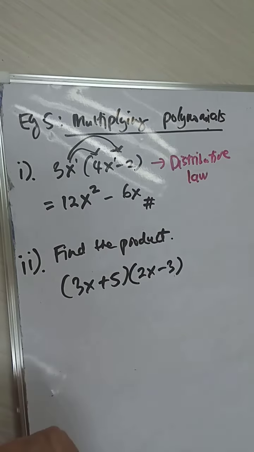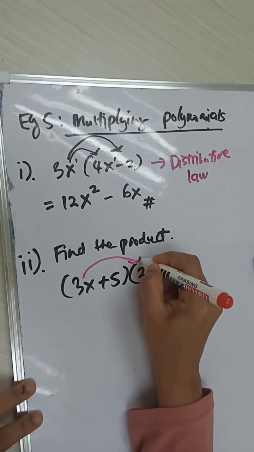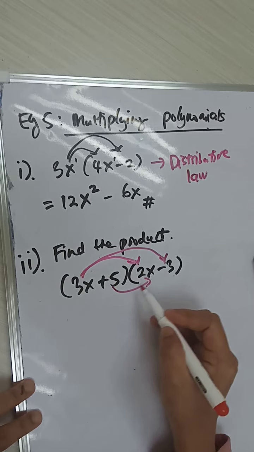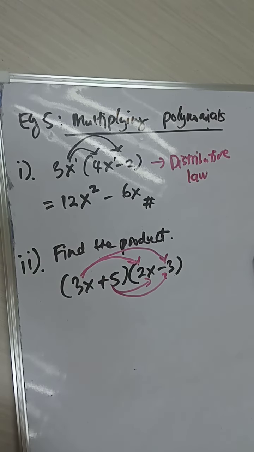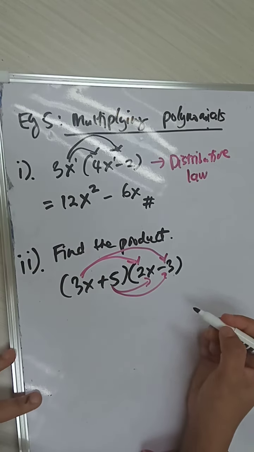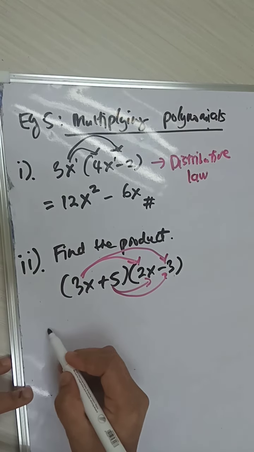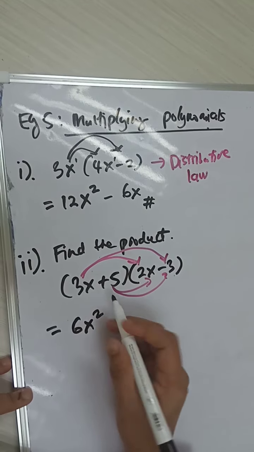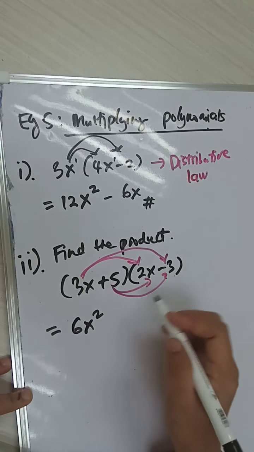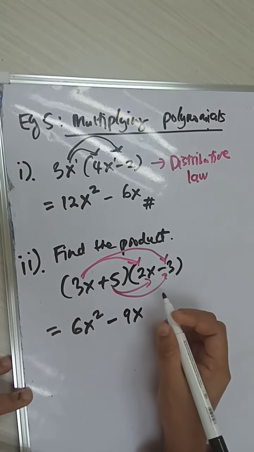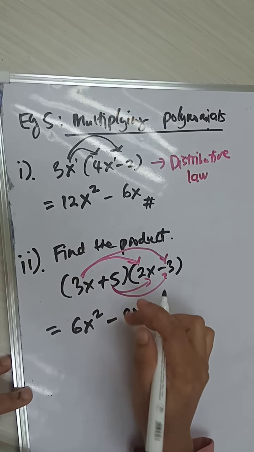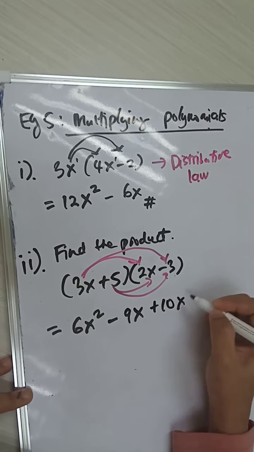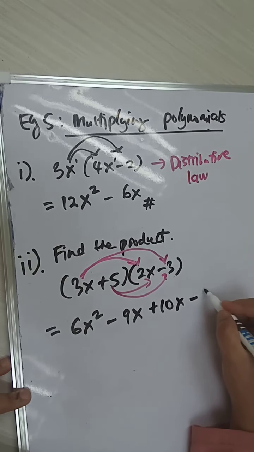So you have to expand one by one, means that here the first one, the first term, and then second term, like this. So this is what we call expand. Okay, expand the polynomials. Okay, the answer is when 3x multiply 2x, we get 6x square, and then 3x multiply negative 3, negative 9x. Okay, the second term inside the first bracket is 5 multiply 2x, we get plus 10x, and then minus 15.